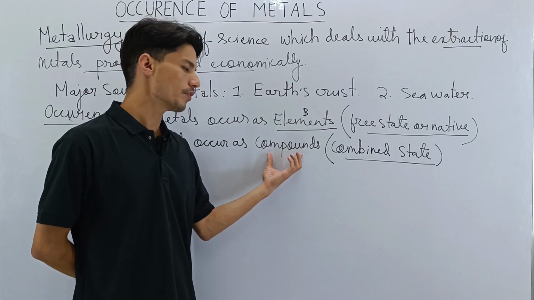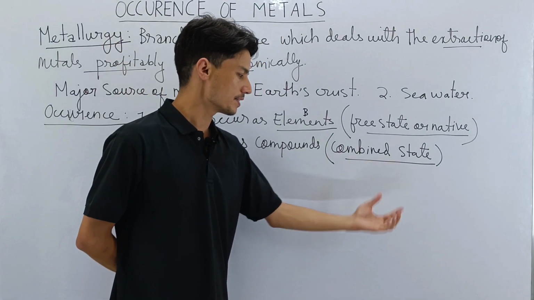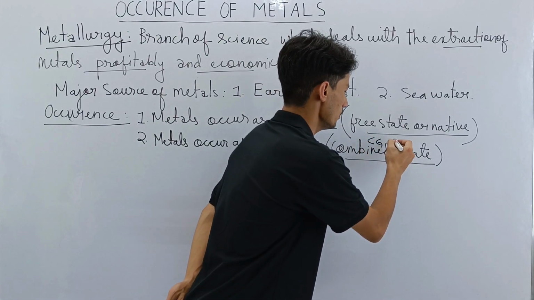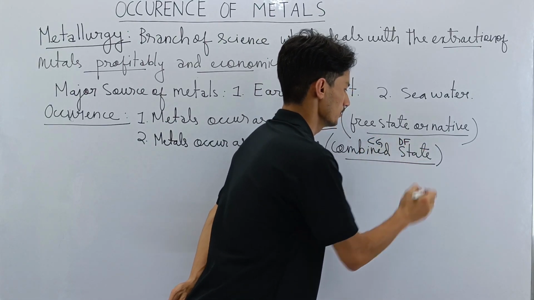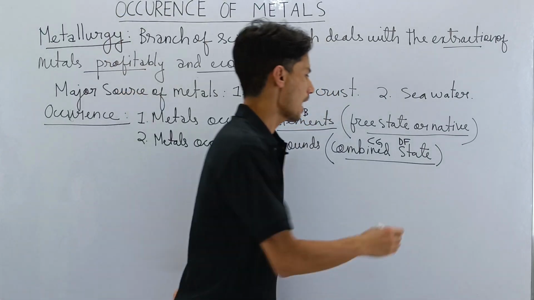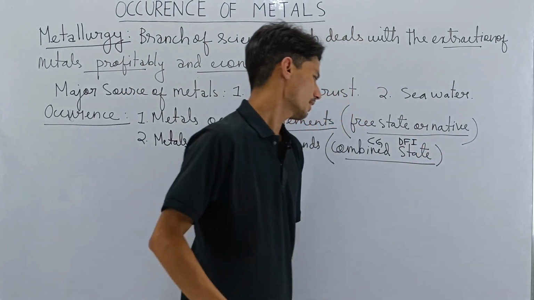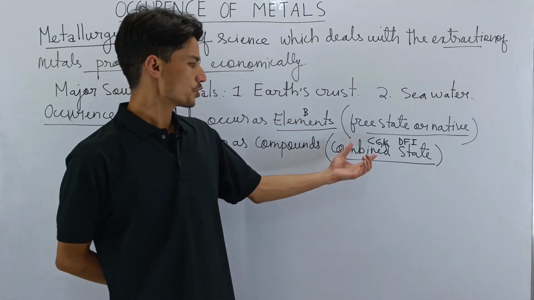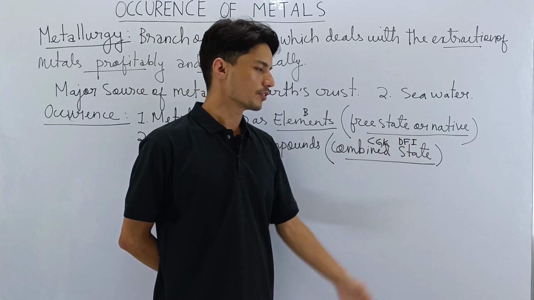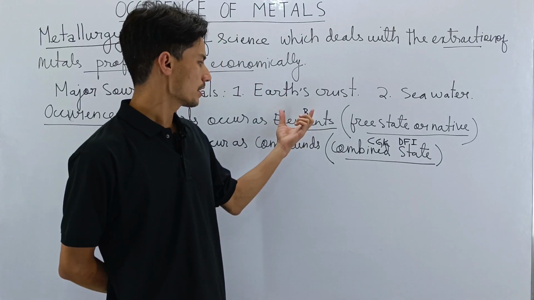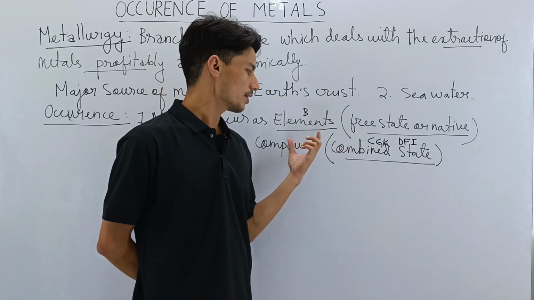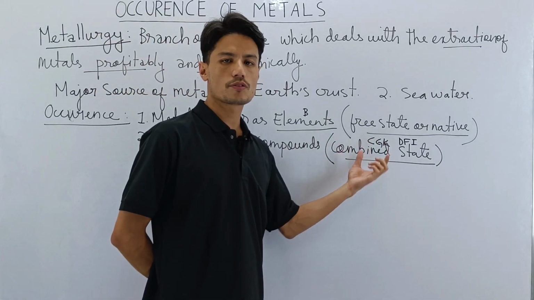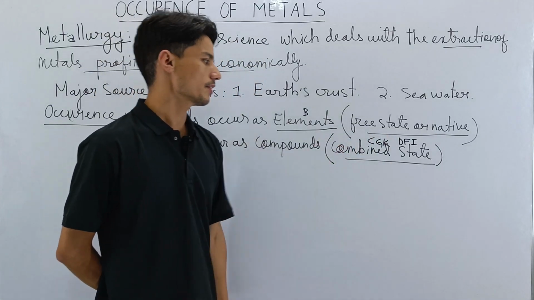That means C and G, or D and F, like that. Even CJK, CKJ, CGK, like that, so three metals are found together. Elements are found single, whereas if the metals are found in compounds, it will be a mixture of two or more elements. Combined state.